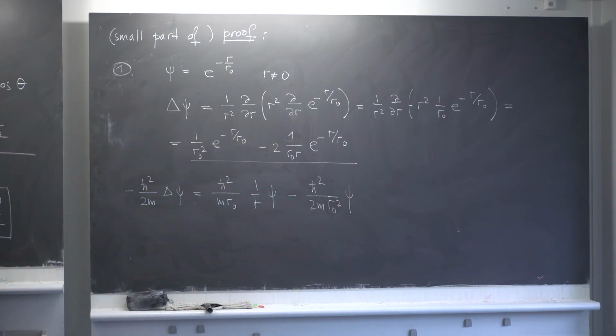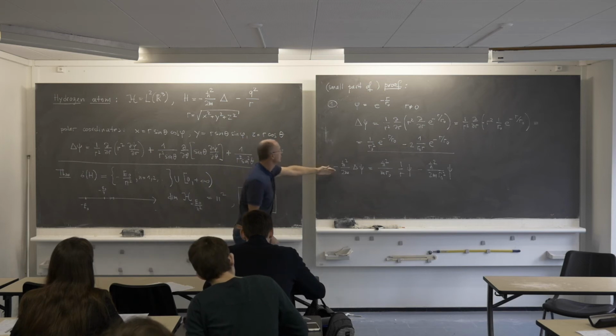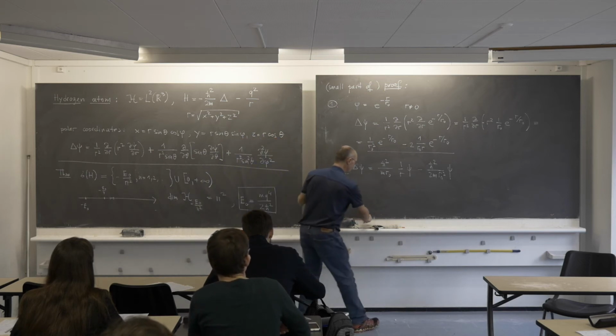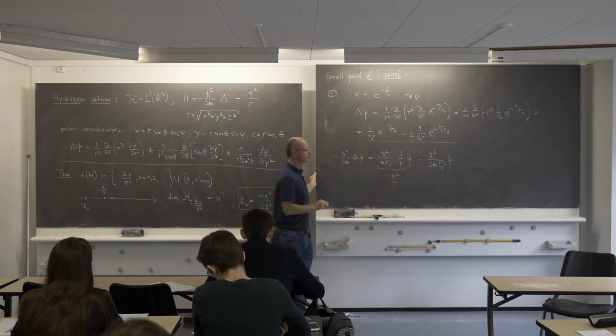So now if we want to solve the eigenfunction equation for this operator, we want this guy to be equal to q squared over r.